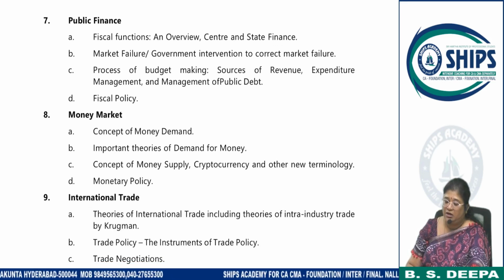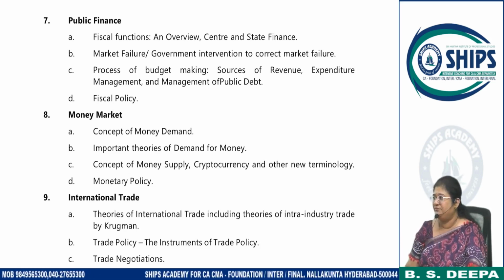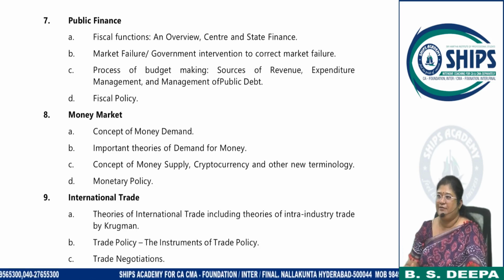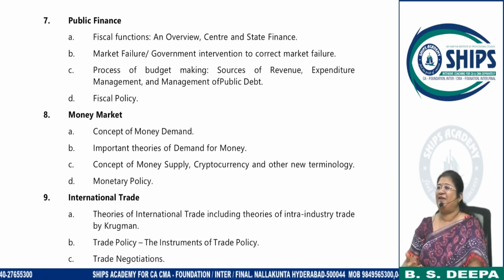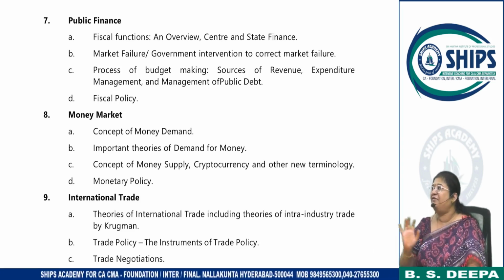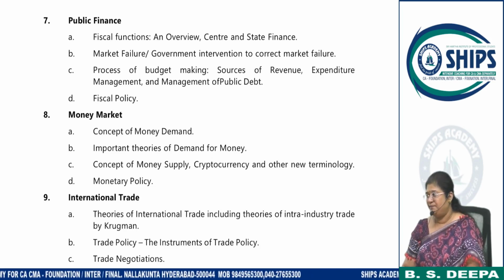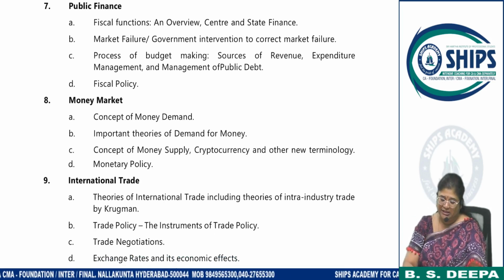Okay, and fiscal means government revenue and expenditure, right? So this is where we are talking about everything relating to the government, how it earns its revenue, how it spends its expenditure. That is what we are going to learn, right?